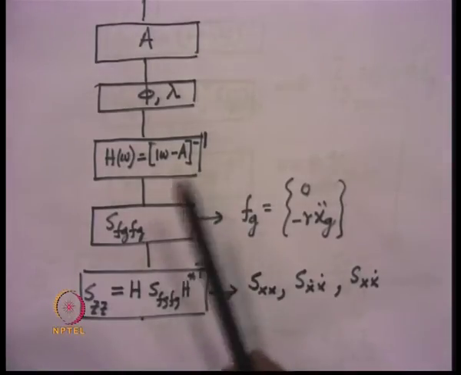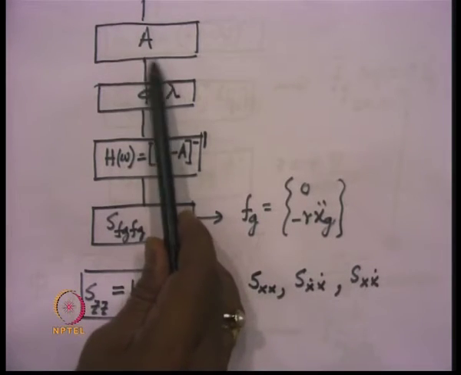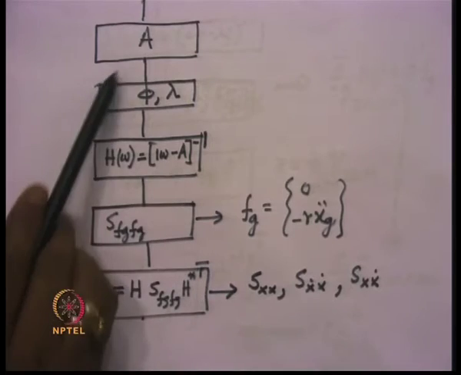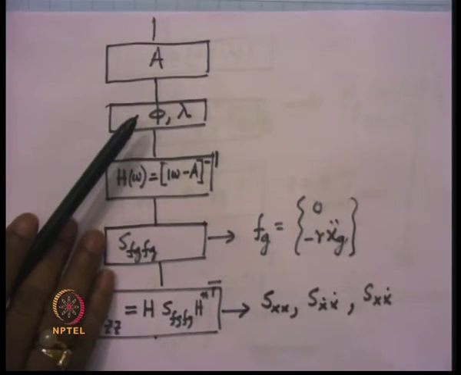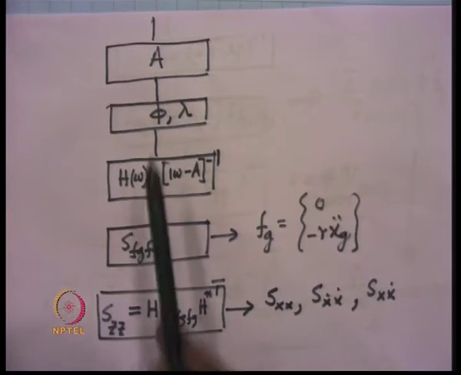Next, if we are wanting to go for the state space analysis, then A matrix must be first generated from the K, M and C matrix.